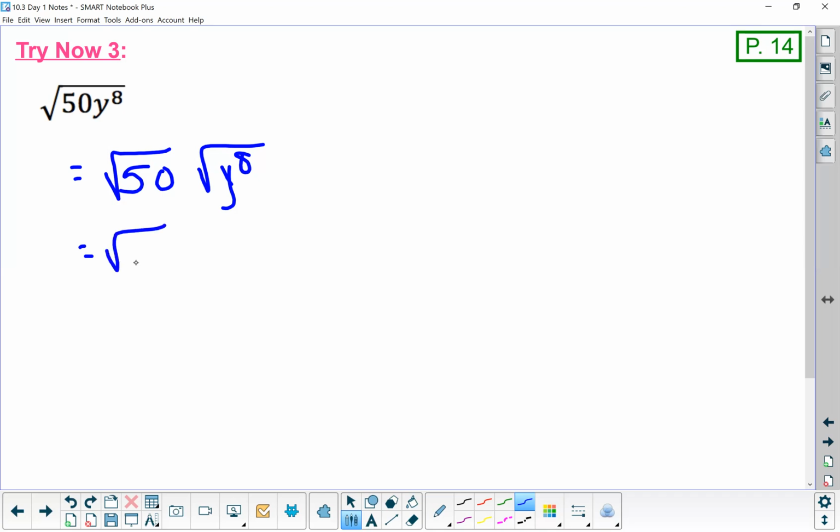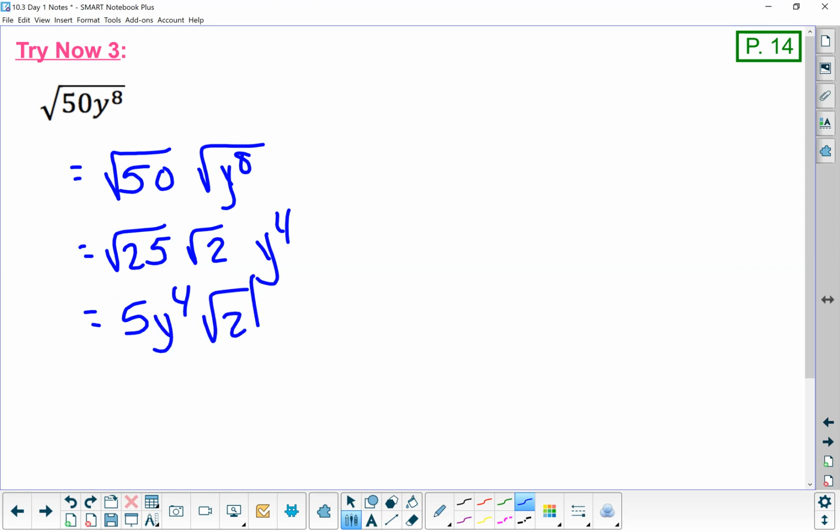So the square root of 50 is the square root of 25 times the square root of 2. y to the 8th, take the square root. 8 divided by 2 is 4, so we get y to the 4th. The square root of 25 is 5. So the answer is 5y to the 4th times the square root of 2.